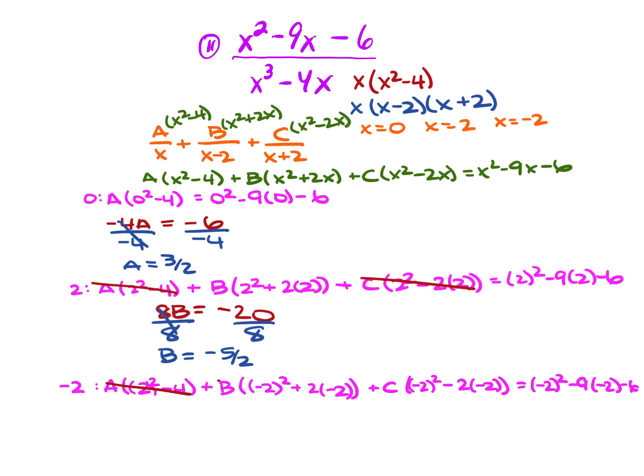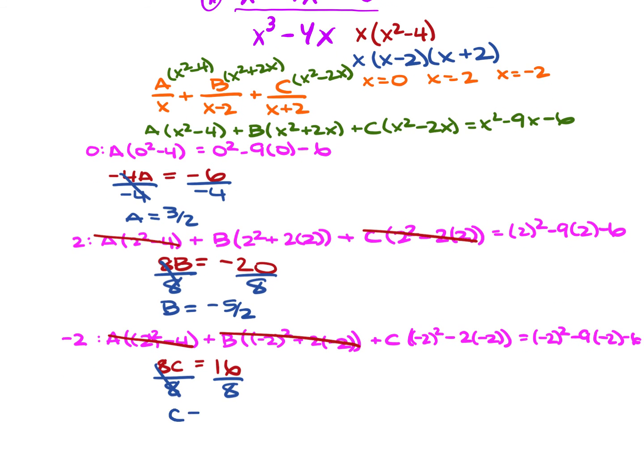The a is going to cancel out, the b is going to cancel out. We're going to have c times negative 2 squared, which is 4, plus 4, which is positive 8. So 8c is equal to negative 2 squared, which is 4, plus 18 minus 6 is 16. Divide each side by the 8, and you have that c is 2.